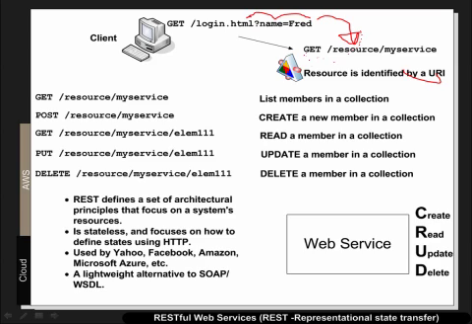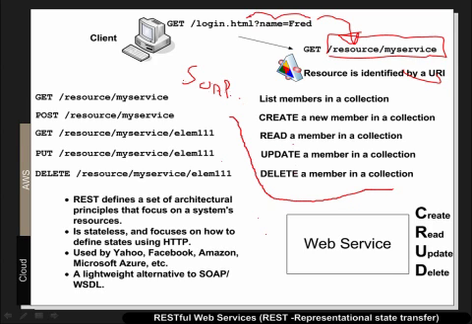With this, the resource is identified inside the URI. And what RESTful does is that it simplifies our SOAP model and allows HTTP to be used to be able to create, read, update and delete our resource.